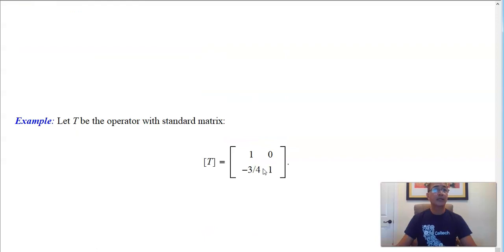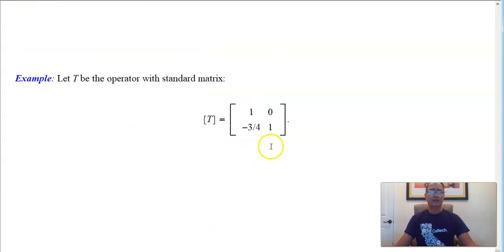So let's take a look at this matrix. We still have that negative 3/4, but this time it's in the lower left corner instead of the upper left corner. The upper left is still a 1. It's only this entry that changed. Before we go back to GeoGebra, let's review.